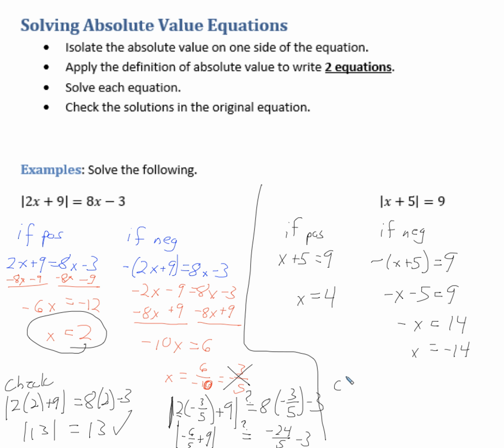Let's check. This is pretty easy to check these because we can put them right in here. Does the absolute value of 4 plus 5, does that equal 9? Well, 4 plus 5 is 9. The absolute value of 9 is 9, so that works. This is correct. And then plug in negative 14. Absolute value of negative 14 plus 5.